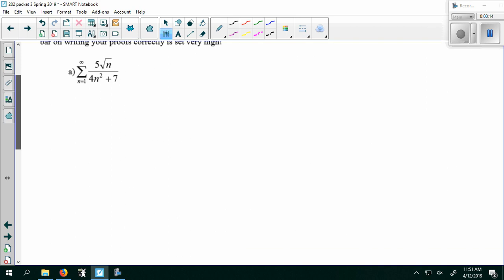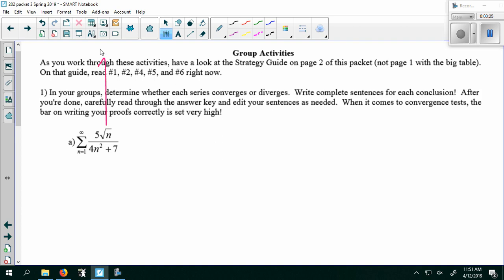So the closest sum that I can compare to whose convergence or divergence I know, I'm just going to look at the leading terms here. The ratio of the leading terms, I can ignore the coefficients when I'm trying to come up with a comparison series.